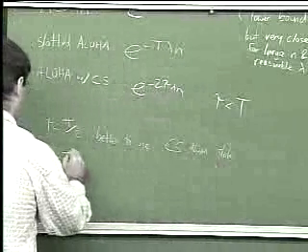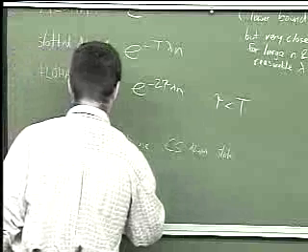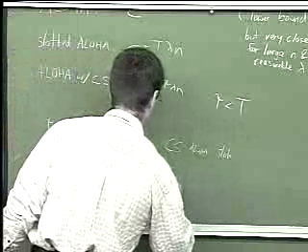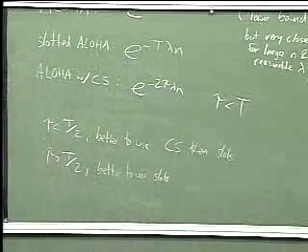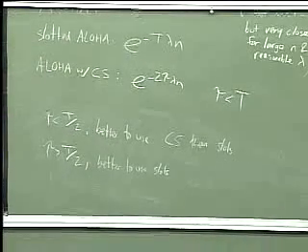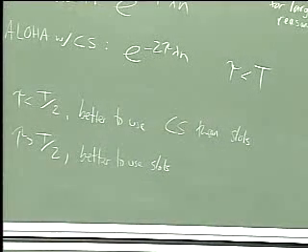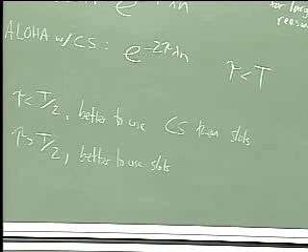If tau is greater than t over 2, it is better to use slots. Any questions?